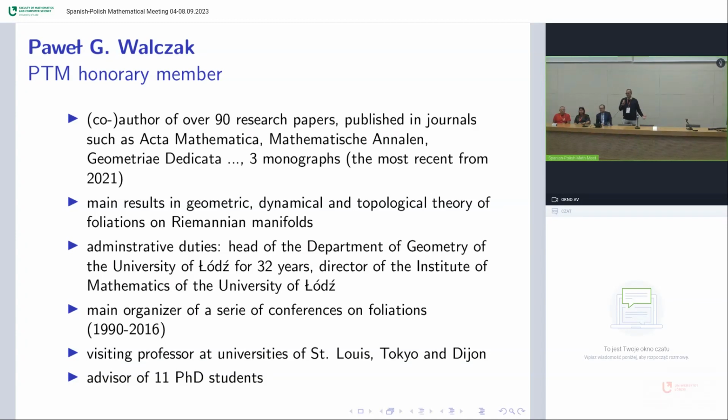Let me mention that Paweł Walczak was the head of the Department of Geometry at the University of Łódź, and now still is a professor; he was head of the Department of Geometry for 32 years. Among others, he was a director of the Institute of Mathematics, and some scientific activities concentrated on the conferences, maybe on the cycle of conferences on foliations for over a quarter of a century.